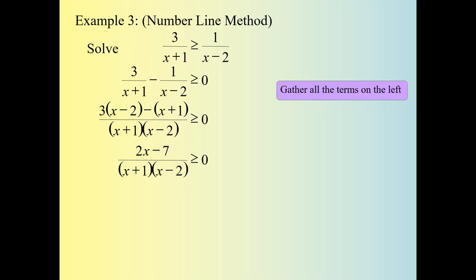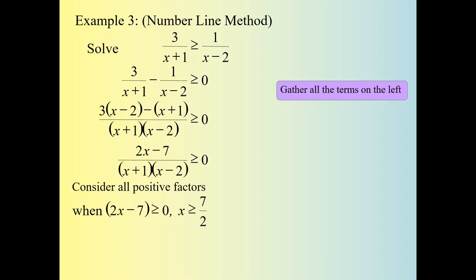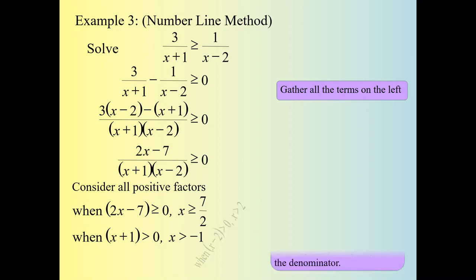Let us consider all positive factors. So when 2x - 7 is greater than or equal to 0, x is greater than or equal to 7/2. x + 1 is greater than 0, x is greater than -1. Take note, there is no equal sign at the inequality symbol.